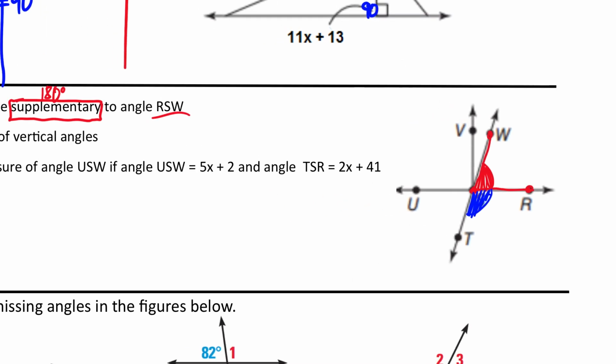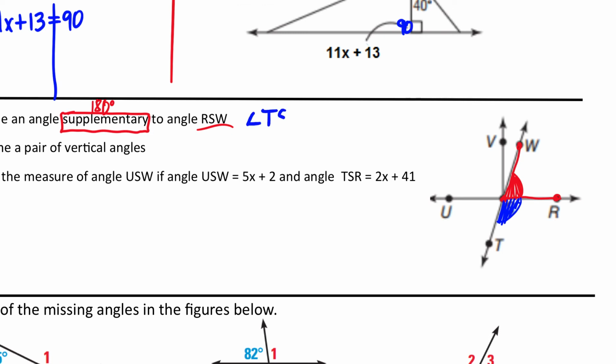That's one answer. And there's one other. USW, because it's got to go all the way and meet that. And you can see how those 2 together right there make a straight line. They make 180. So angle USW.